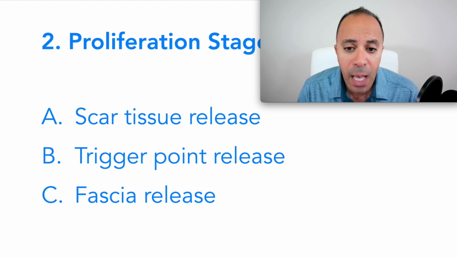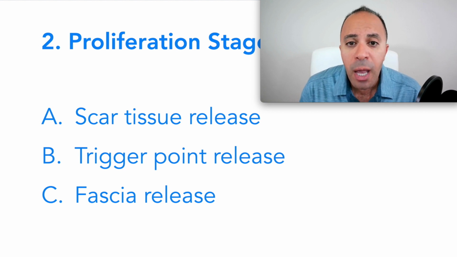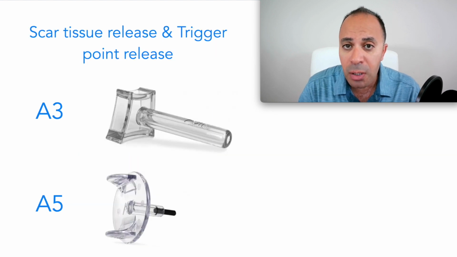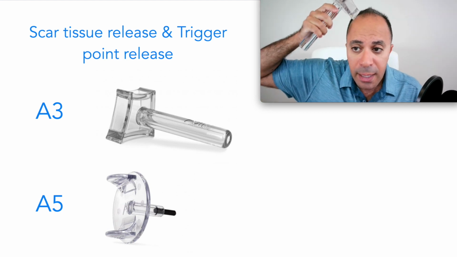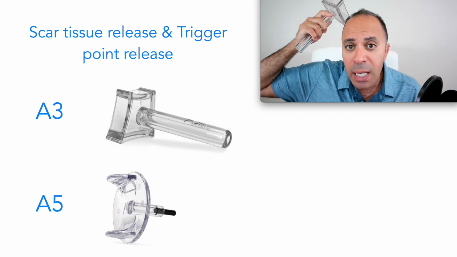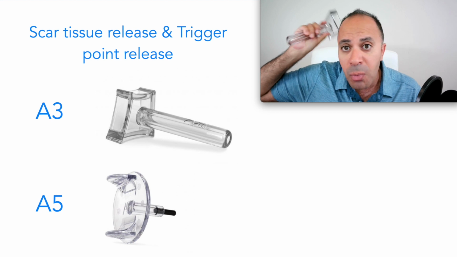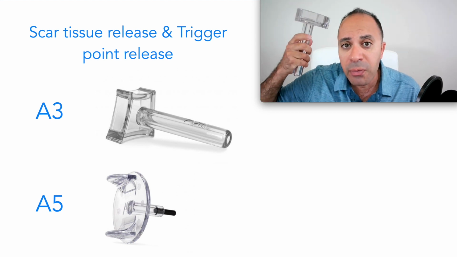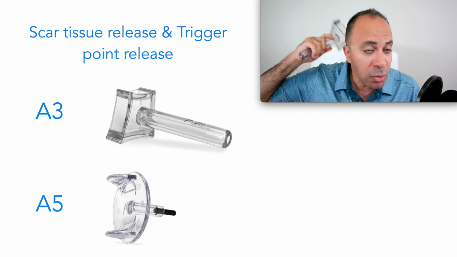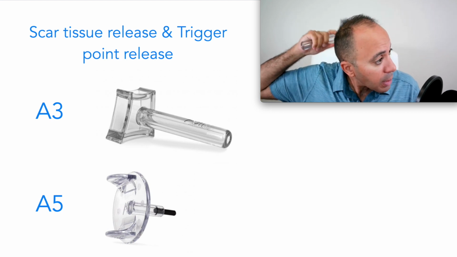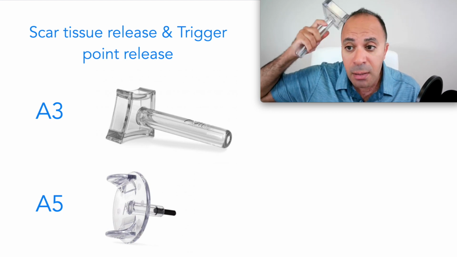now. So for the scar tissue, we need to really release the superficial and deep scar tissue. What I use is the A3, and personally, if I have a headache in the morning or any time I feel like it's coming, I start to work on myself to break the scar tissue.